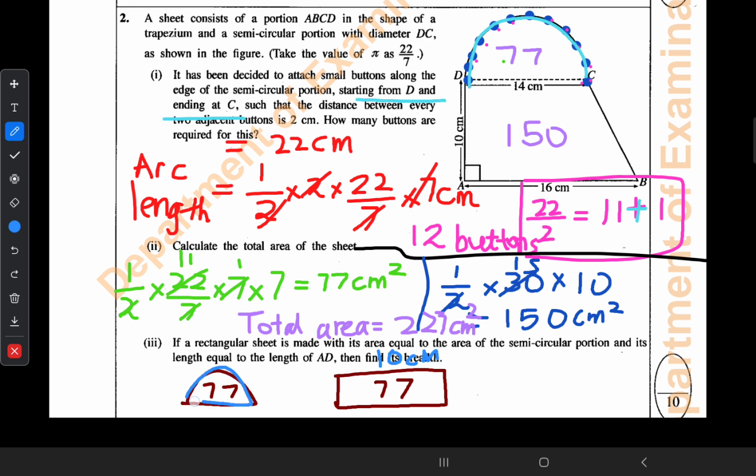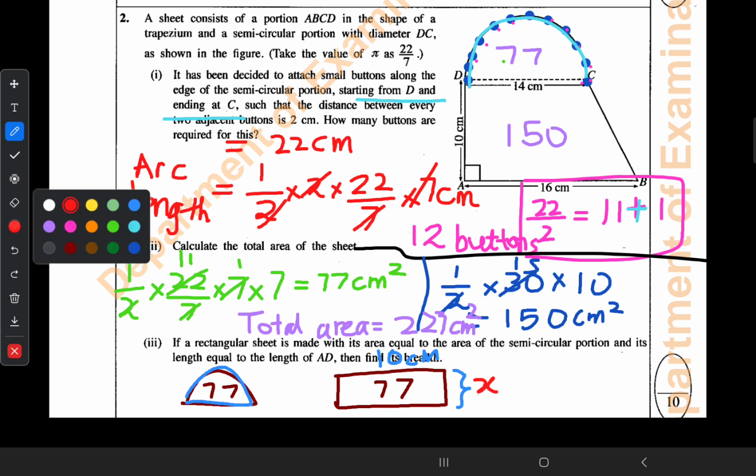So what's the thing we did? Area is equal to the semicircular portion, so the rectangle's area is also 77. Its length equals AD, which is 10. So you should find the breadth of this rectangular sheet. I'll take the breadth as x.